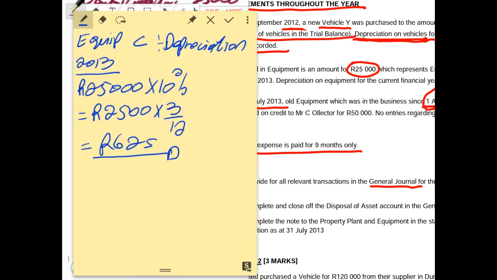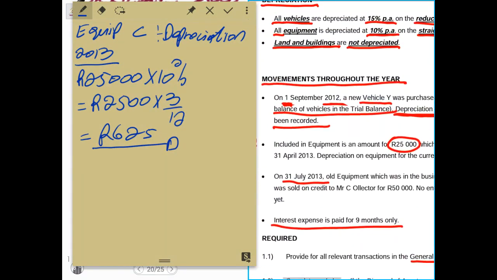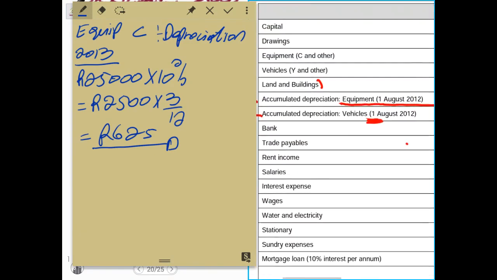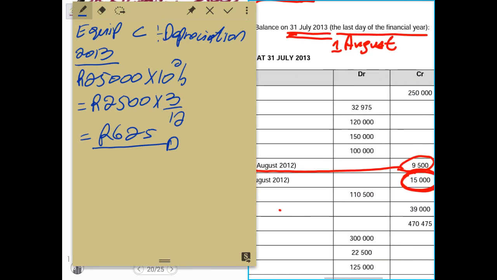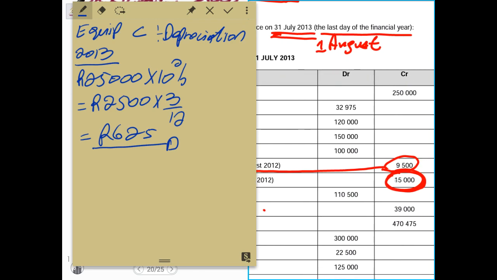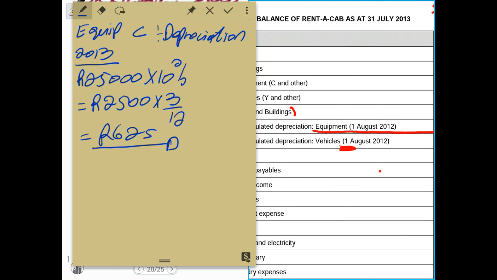Remember, with regard to this equipment, the opening accumulated depreciation for equipment is 9,500. That 9,500 is only for the old equipment, because depreciation for the new equipment was not yet accounted for.